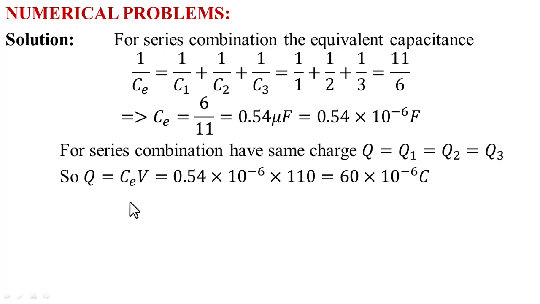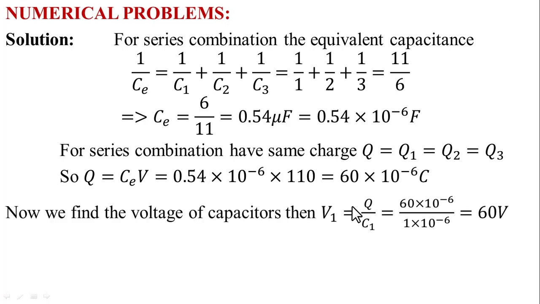Now Q is equal to C equivalent multiplied by V. Putting the value of C equivalent, 0.54 multiplied by 10 raised to power minus 6 multiplied by 110, that is equal to 60 multiplied by 10 raised to power minus 6 coulomb.